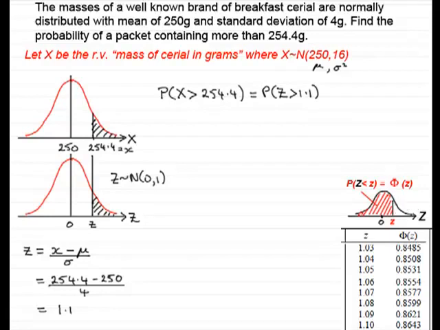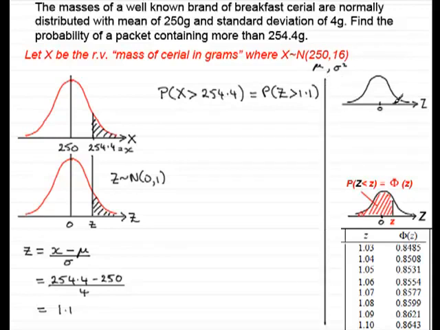Let me just show you by way of a diagram. We'll put a margin down through here and separate this off. What we've got is this area here to work out, where Z is 1.1. But the tables only give us this area to the left of any Z value.